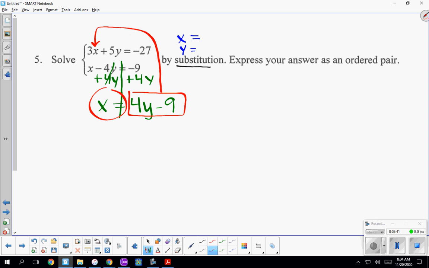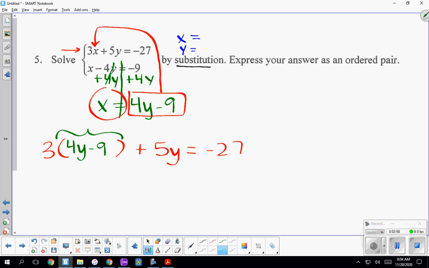So I'm going to rewrite this equation, except instead of using x, I'm going to use what's in that box, and then I rewrite the entire rest of the equation. Here, I plug in 4y minus 9, because this is supposed to be x, but I know that x is equivalent to everything in that box.